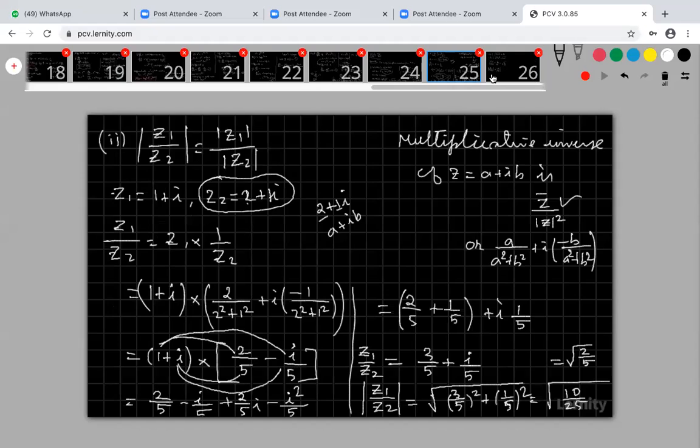Where I am taking Z2 modulus, Z modulus, Z2 Z. Are you okay?